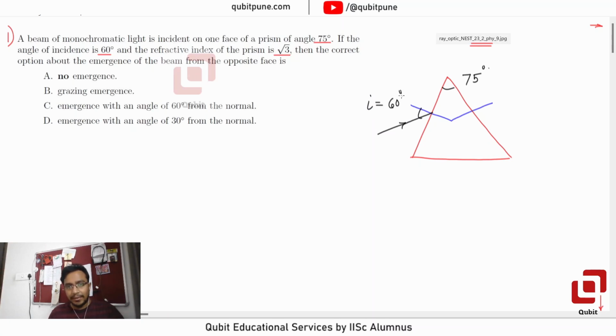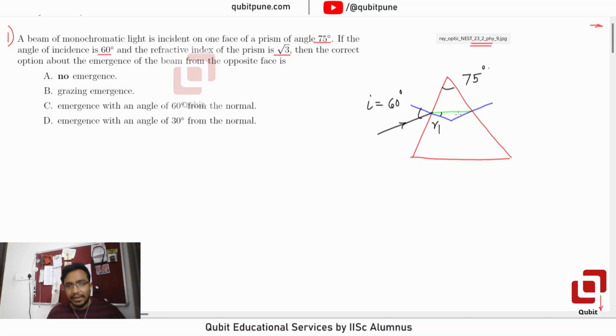Right. Now because it is traveling to an optically denser medium, it is going to bend towards the normal. So let me show it in green color. Don't think that it will change its color. This will be the refracted ray. Let us call this angle of refraction R1.